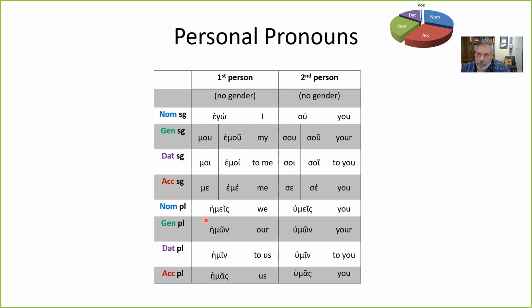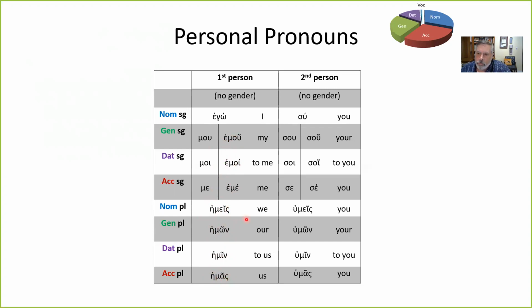In the plural, we have hemeis, hemon, hemin, hemas. Notice it's a rough breathing. For the first person, it's the eta. And this is a little different for your nominative plural, but you're used to the omega nu for the genitive plural, the iota with sometimes a movable nu, but not in this case, for the dative plural, and the alpha sigma, especially for the third declension, for the accusative plural.